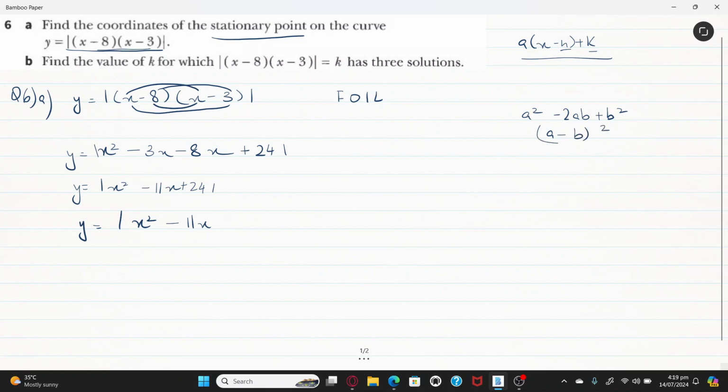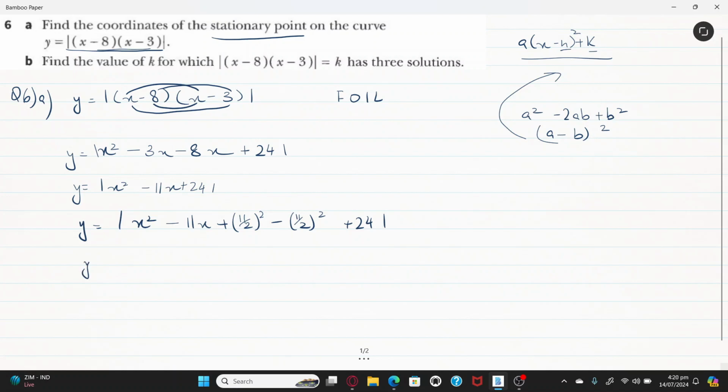That will allow us to connect with this equation by the (x minus h) whole squared. So x squared minus 11x, and to bring out the b part, we have to divide by 2. So it's going to be plus (11 upon 2) whole squared, and we can't add (11 upon 2) whole squared from thin air, so we have to subtract it to balance this equation. That is going to be added into 24.